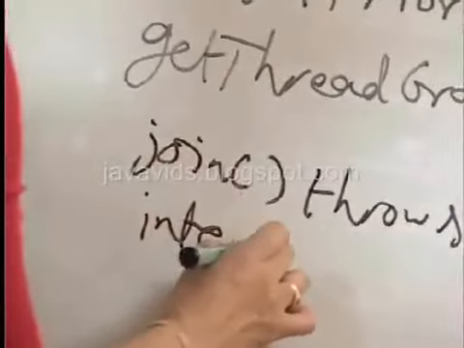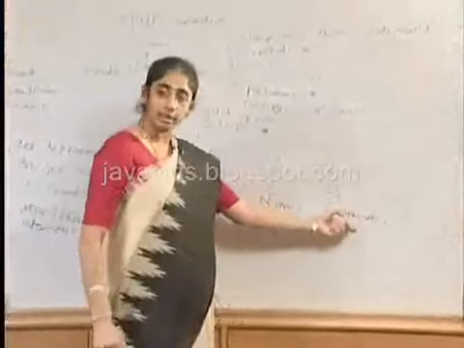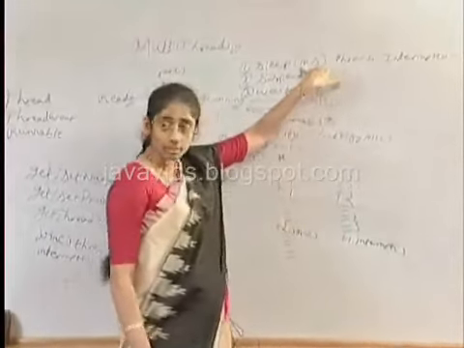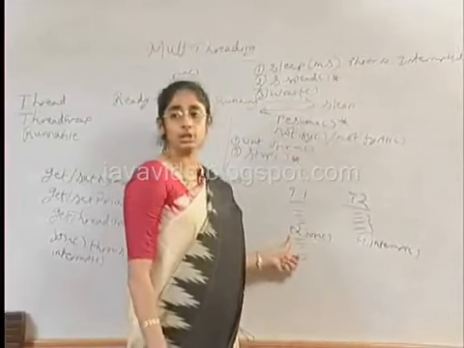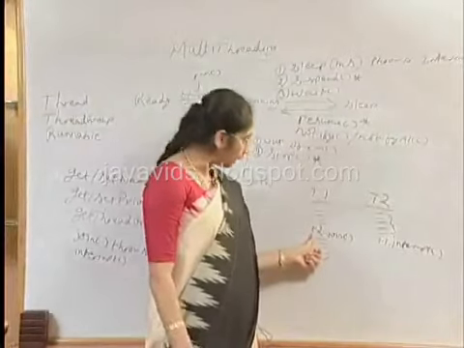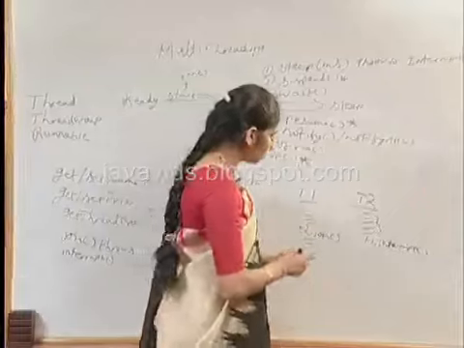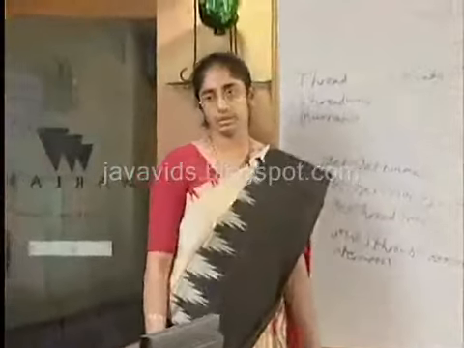Interrupt is a method in the Thread class as well. When we call the interrupt method on a thread which has called join or sleep, it throws the InterruptedException and comes out of the join or the sleep state and continues further in its execution. So now thread 1 can continue as well as thread 2 can continue with its action. That's the requirement for the join and interrupt methods.